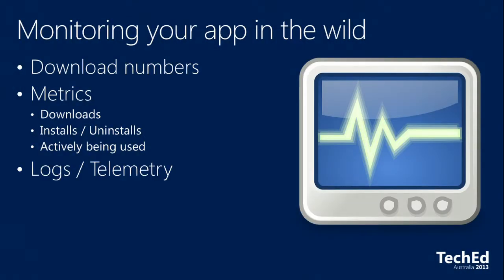Another thing to consider is logs and telemetry. If you're using a provider-hosted app, if you're hosting your stuff in your own back-end, you have access to the code there. You can go in and put your own logs in. You can put your own telemetry in and get an idea of how people are using the app. Now, from experience, things like Google Analytics are also an option. You could put a Google bug in your code to see where your app's been installed.